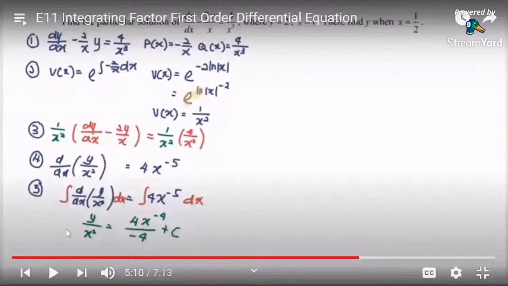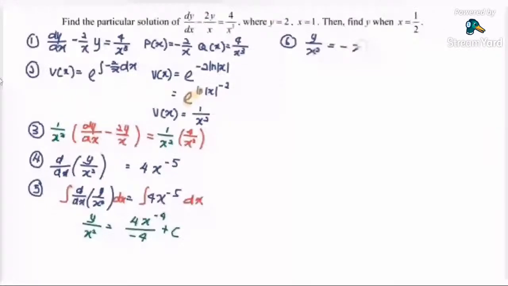So we have y over x squared equals to negative x to the power negative 4 plus c. y equals to negative x to the power negative 4 plus 2 plus c x to the power of 2. So the general solution would be y equals to negative x to the power negative 2 plus c multiplied with x squared.